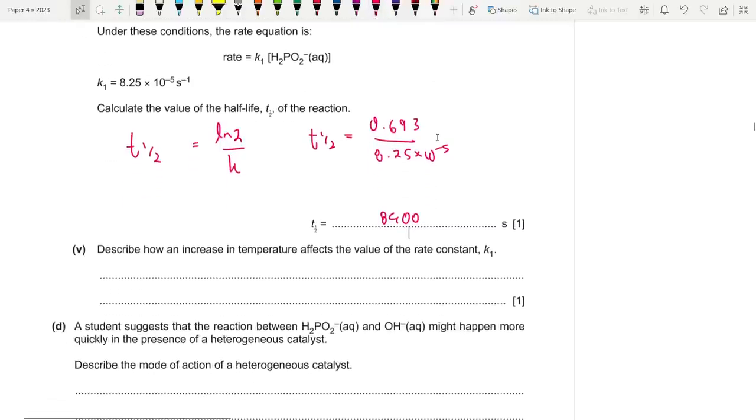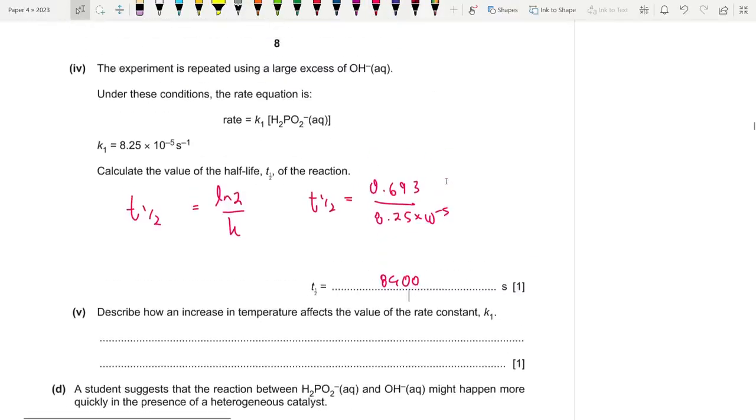Describe how an increase in temperature affects the value of the rate constant k. So you guys know that rate is proportional to temperature, right? So as temperature increases, rate also increases.